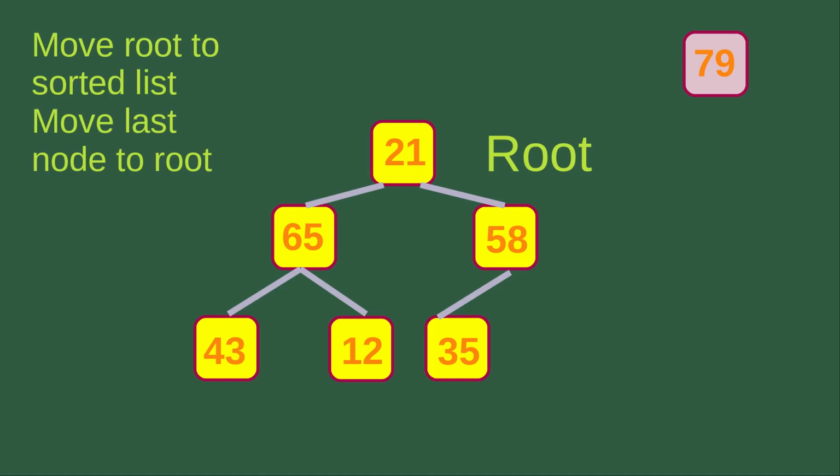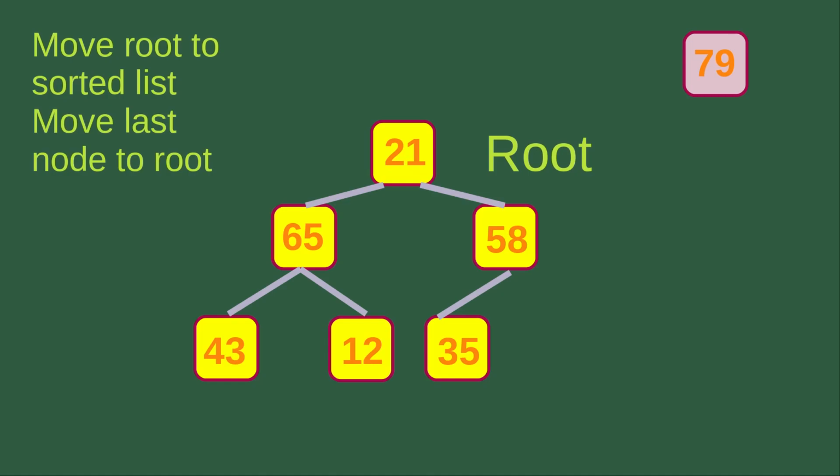So the first step of sorting is to move the root to the sorted list. So initially we had 79 being the root, and now we put the root to the sorted list, which is put at the end. And then we put the last element of the max heap structure to become the root.